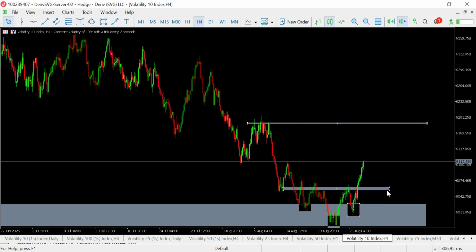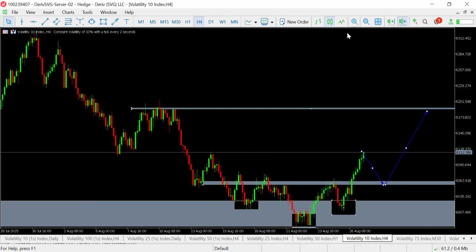And of course, we know that for the inverse head and shoulder pattern, just like we explained with the double bottom, once this neckline is taken out, we expect price to come back to make a retracement to the neckline, and then we can look for trades in the upward direction. Also, one thing to take note of is that the price might come to this neckline, maybe drop down a bit before going upwards. Then also, in this case, we can now include our trend line.